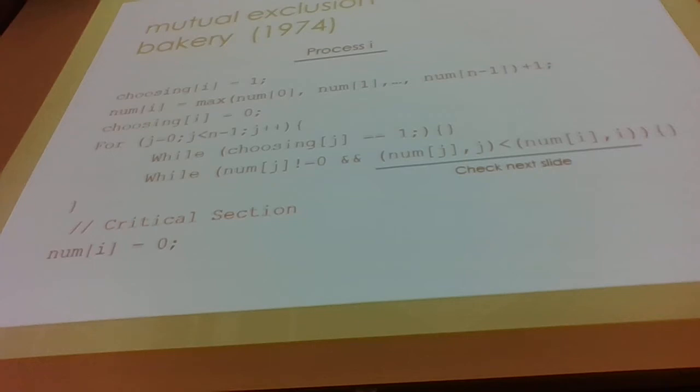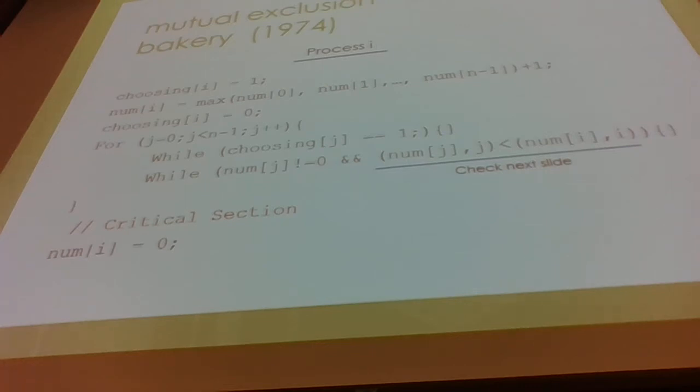If that is the case, then when it checks process I, it will not see its most updated token. It will see that process I's token is 0 because I didn't yet store the token into num. Now if process I's token is 0, then it will bypass process I and go into the critical section. Process J goes into the critical section.